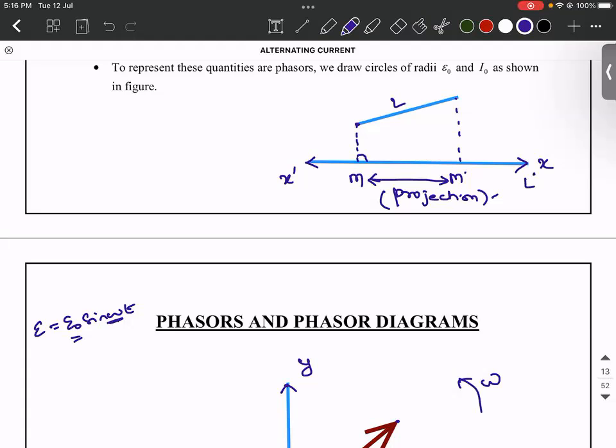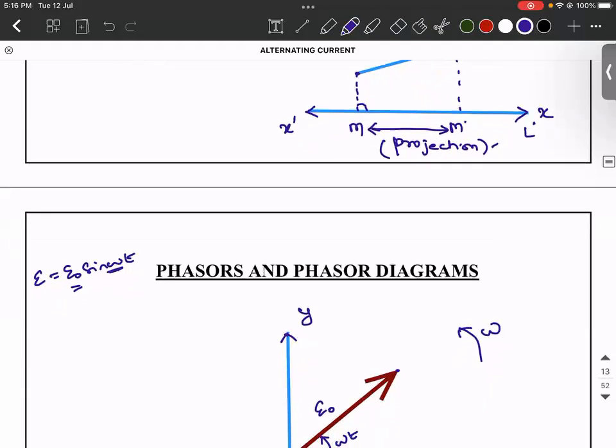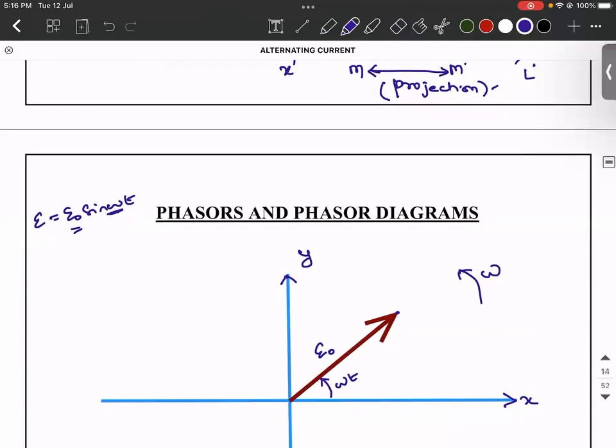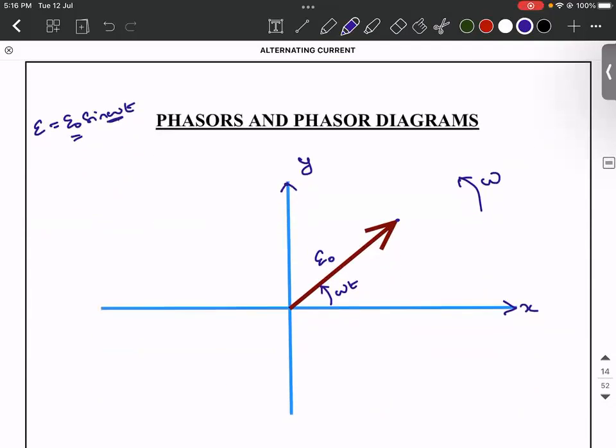So if that is the case, with respect to the vector that I have considered, what do I mean by projection? It will not be the length of the line segment. No, it will be a component of it. It will be the length of the line segment only if it is parallel to the line. It is bent like this.